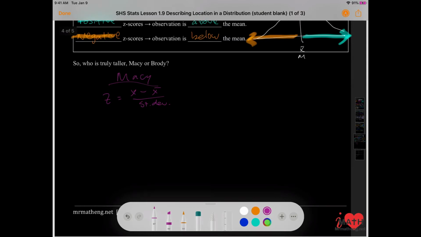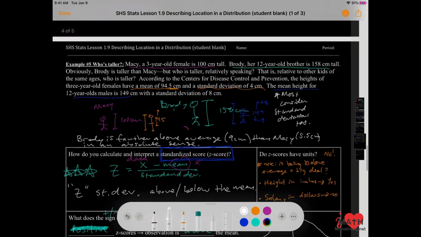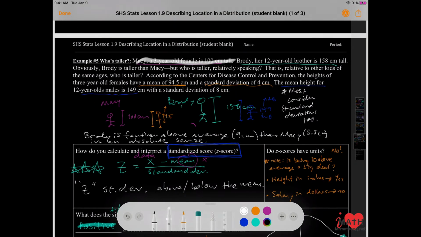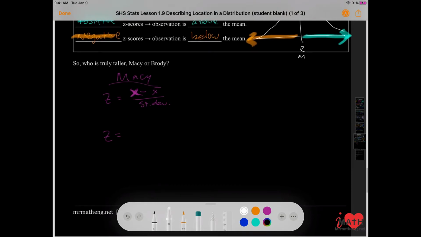Okay, so how tall was Macy? That's the x value here. Let's use our highlighter here. Macy is 100 centimeters. So this part here is how tall Macy is.